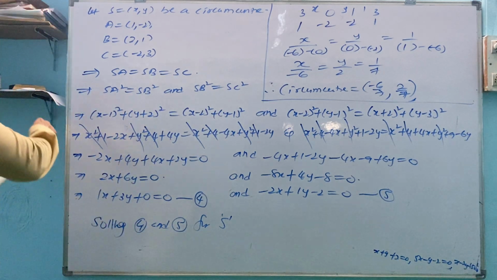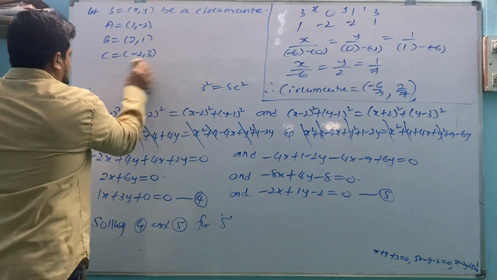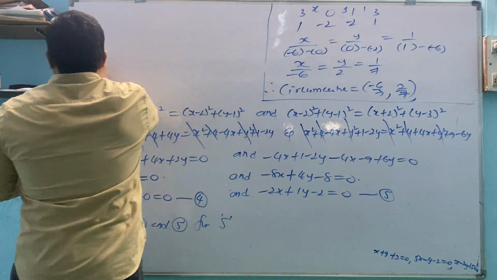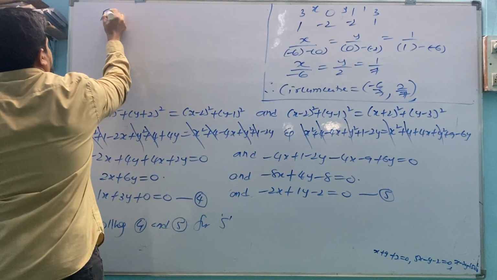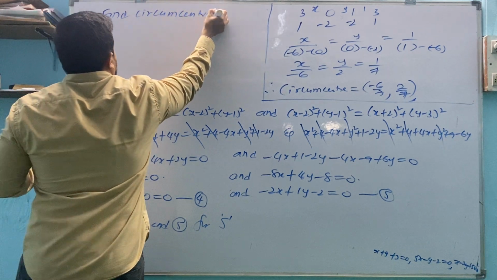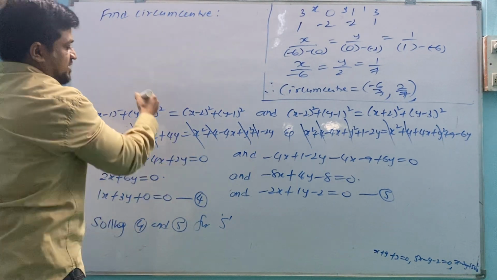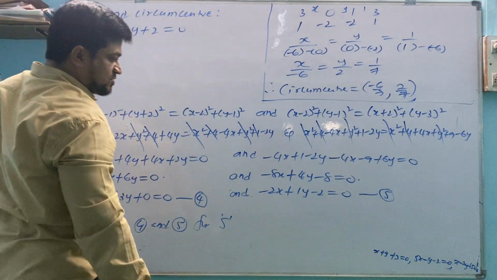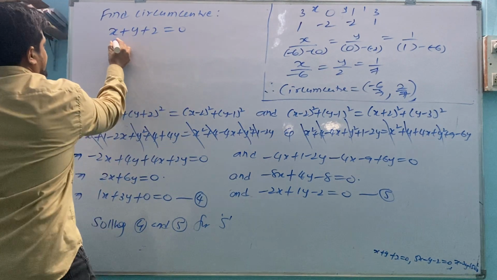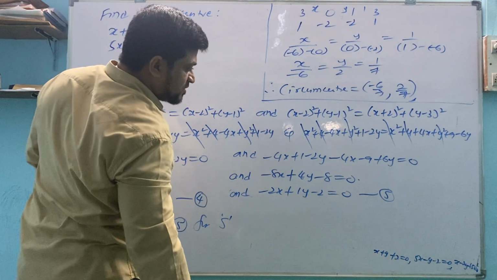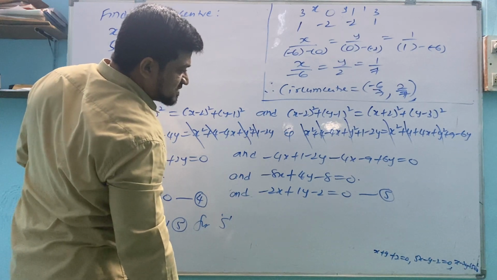Now I will give you one question, you have to try that one. Find the circumcenter if equations of sides are x plus y plus 2 equals 0, 5x minus y minus 2 equals 0, x minus 2y plus 5 equals 0.